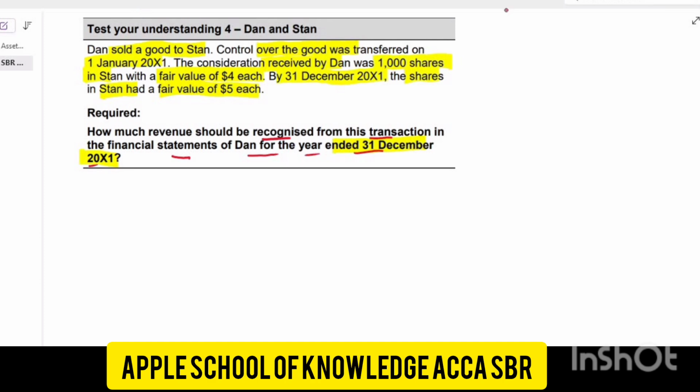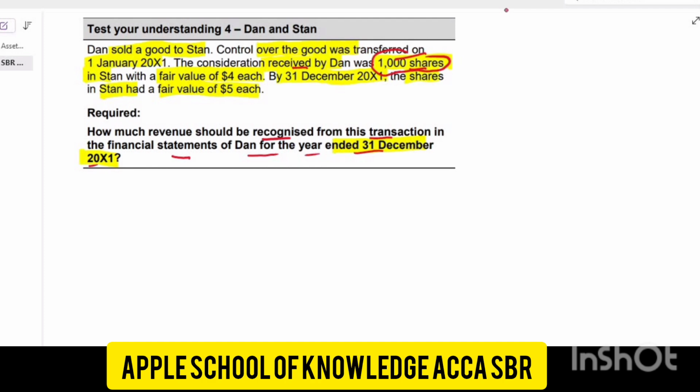So this is a non-cash consideration, because another asset, which is shares, is received in exchange for the goods and services rather than cash. So the consideration received is 1,000 shares.